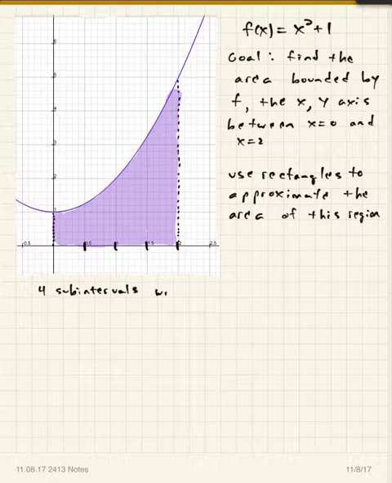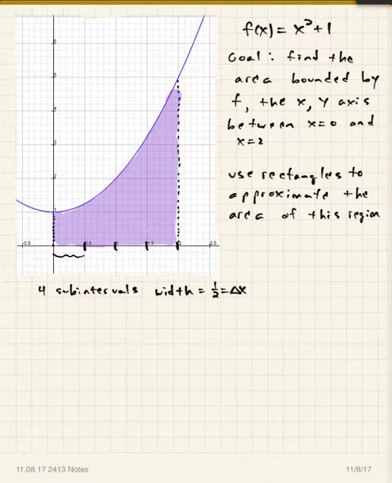The width of those subintervals, in this case, is 1/2. And in general, we call the width delta x. It's the change in x. So this distance right here, we refer to as delta x.